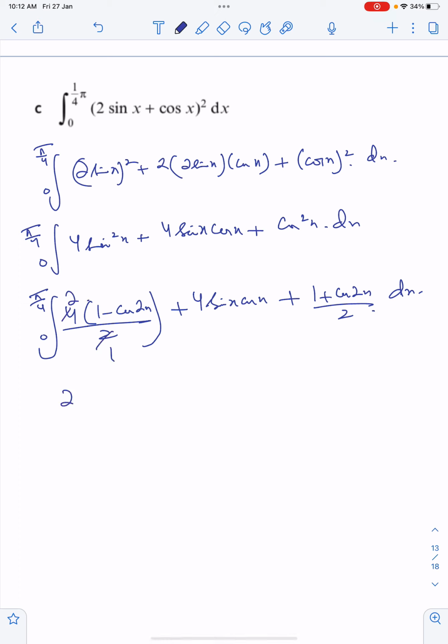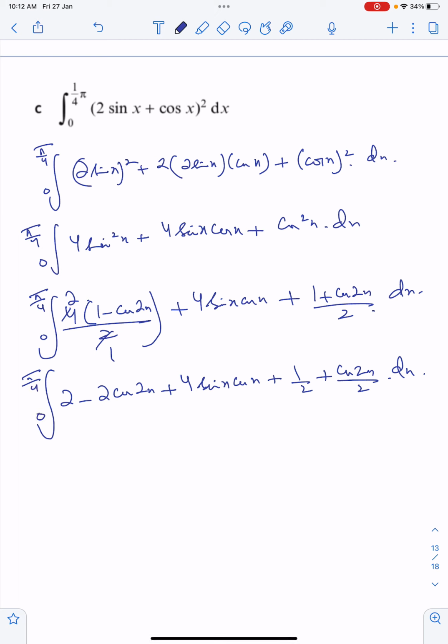So you have 2 minus 2 cos 2x plus 4 sine x cos x plus 1 upon 2 plus cos of 2x divided by 2, dx. Now let's add this 2 and this half. You get 5 upon 2, 5 upon 2 minus 2 cos 2x plus 4 sine x cos x plus cos 2x divided by 2.